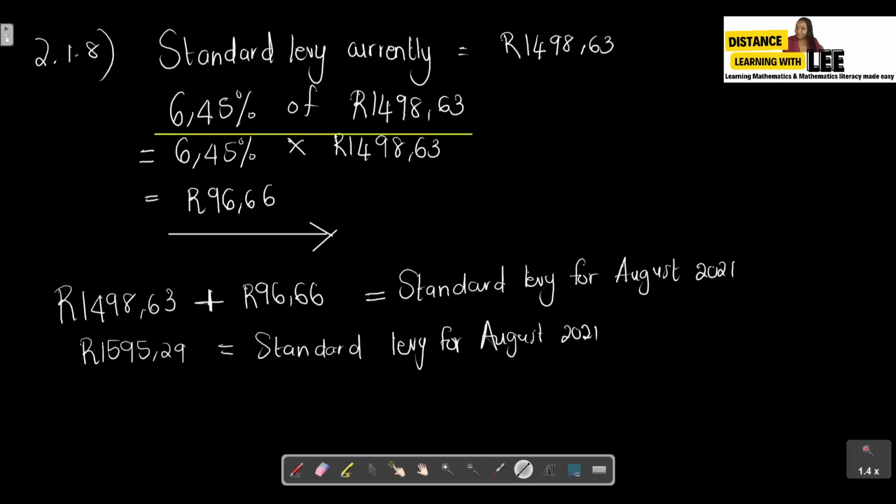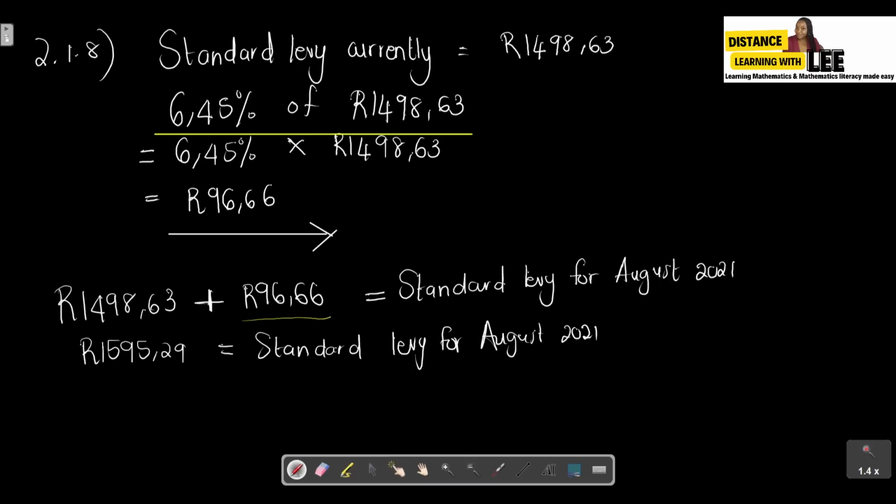So if we want to find out what 6.45% of 1498.63 is, we just take that and multiply by 1498.63 to get what that 6.45% is, and then this 96.66 is basically 6.45% of the 1498.63, right?